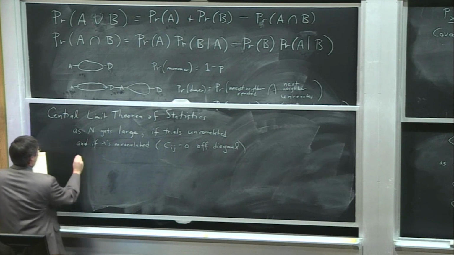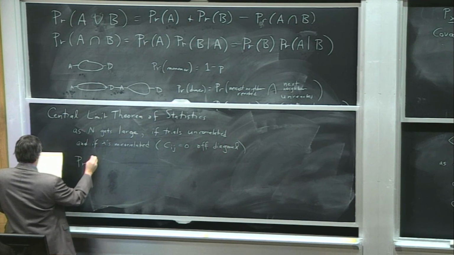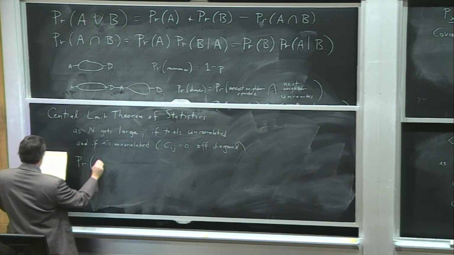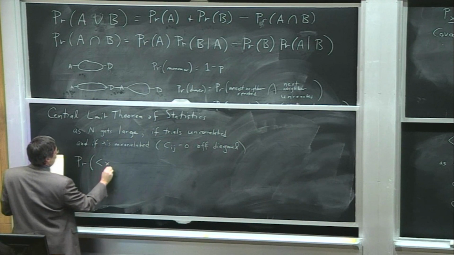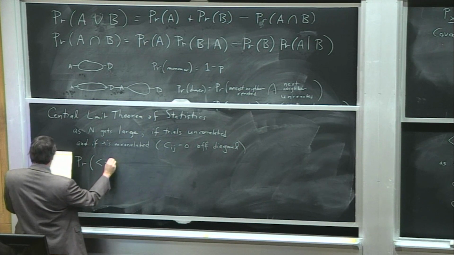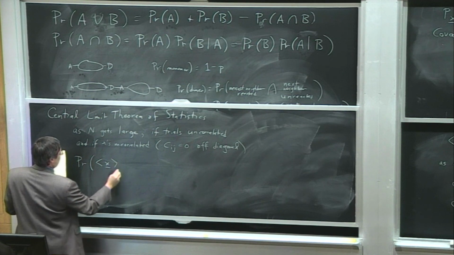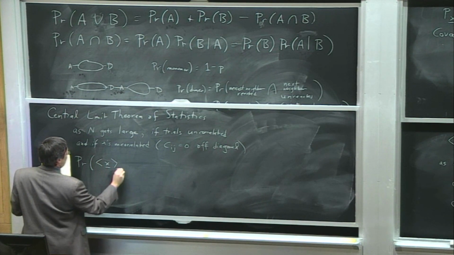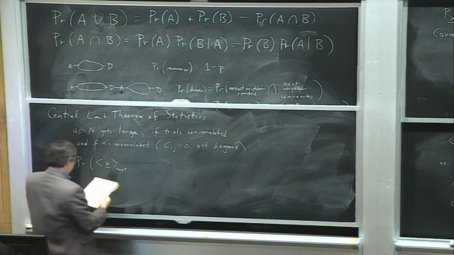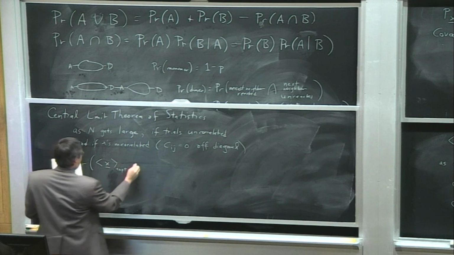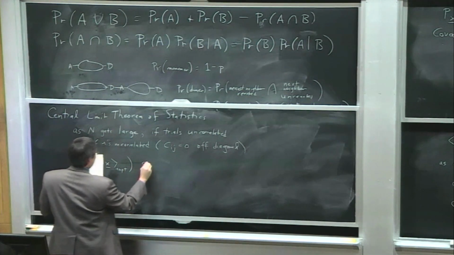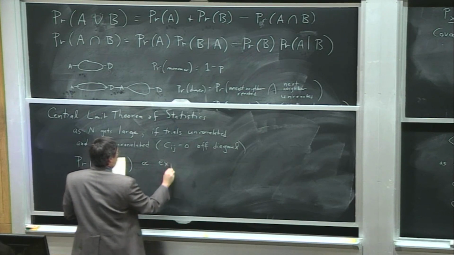then the probability of making the measurement x is proportional to a Gaussian, a bell curve.